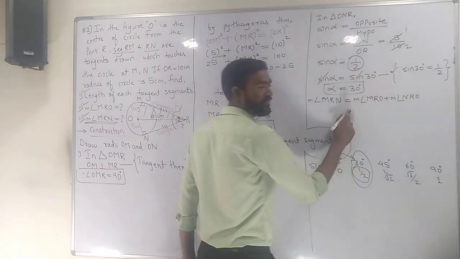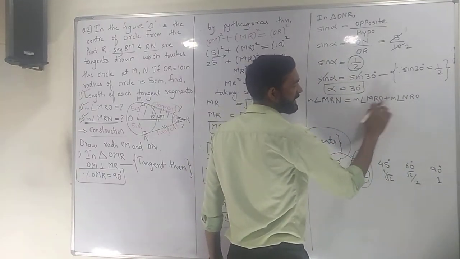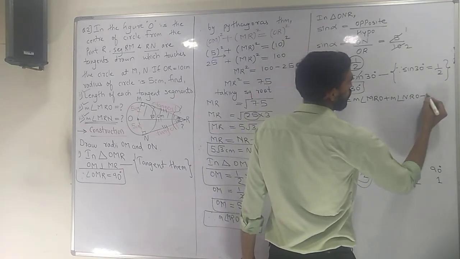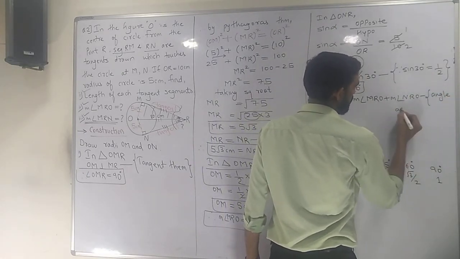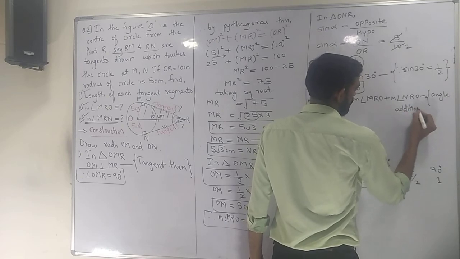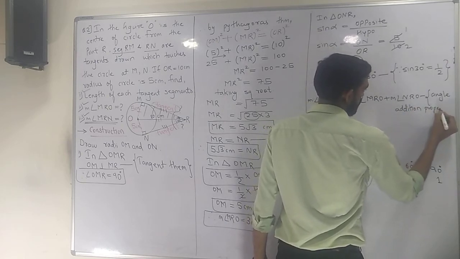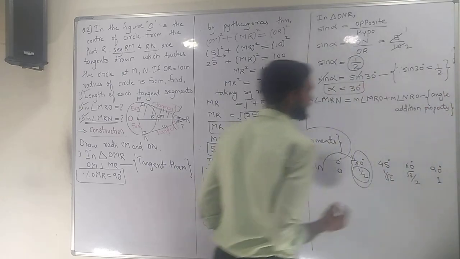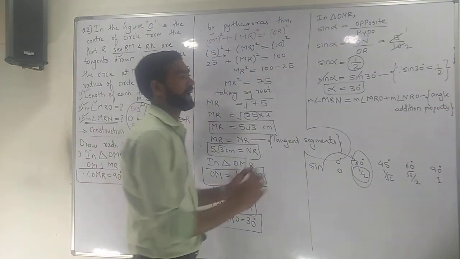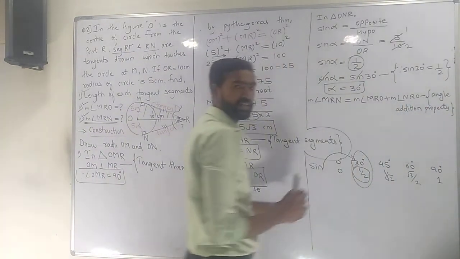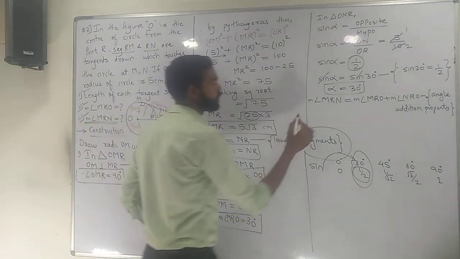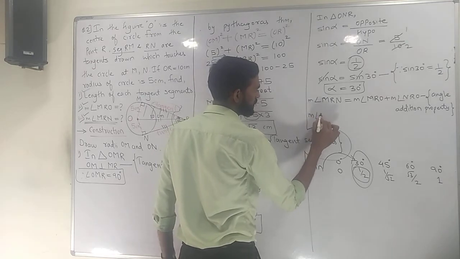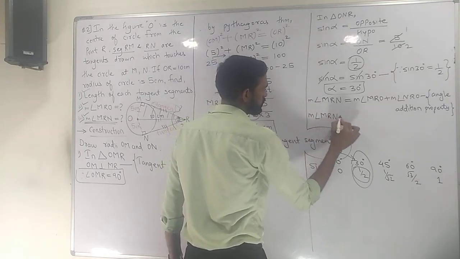What we have done here? We are adding these two angles. Since we have added two angles, we'll write it as angle addition property. Now, do we know major angle MRN? No, this I don't know. This will keep as it is.